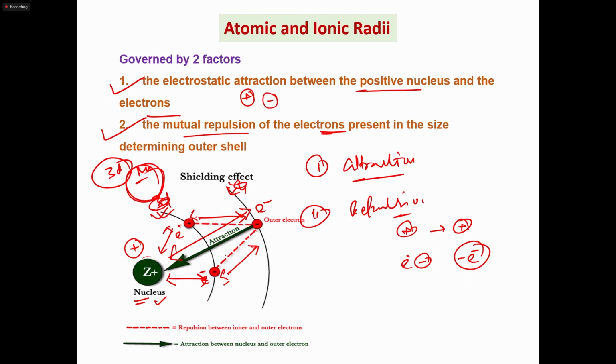These two factors are present in every element. For some elements, the attraction value is increasing and the repulsion is decreasing. For some elements, the attraction value is decreasing and the repulsion value is increasing.